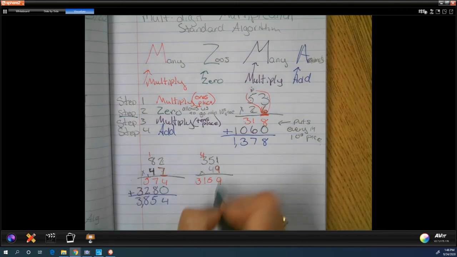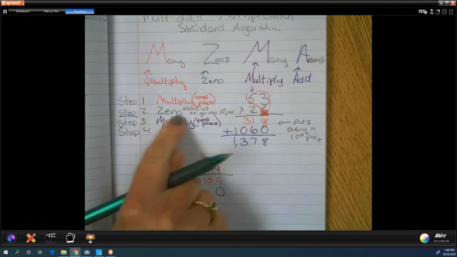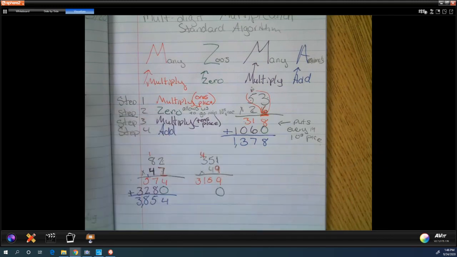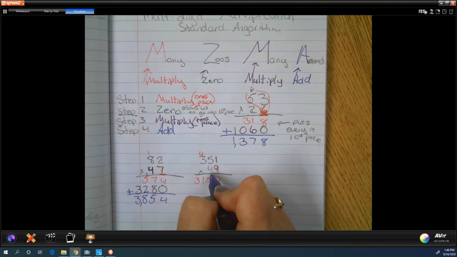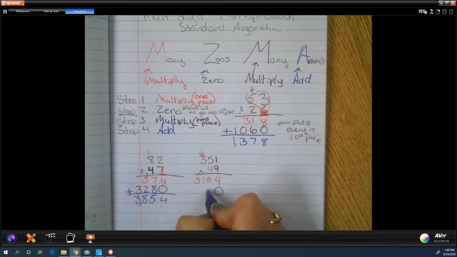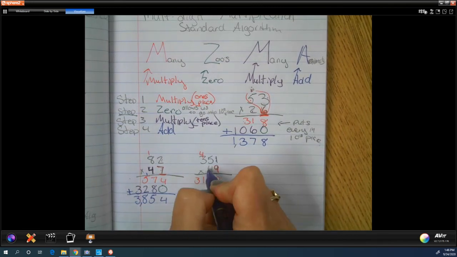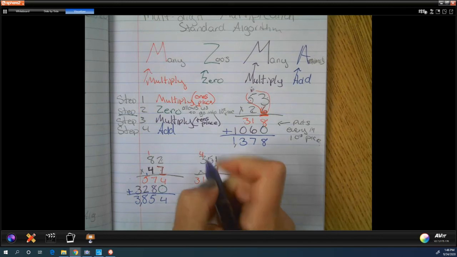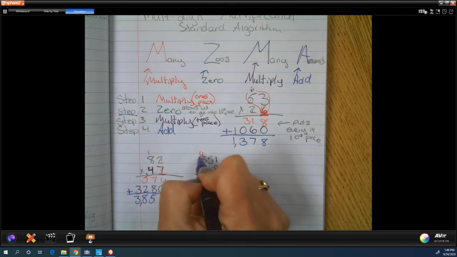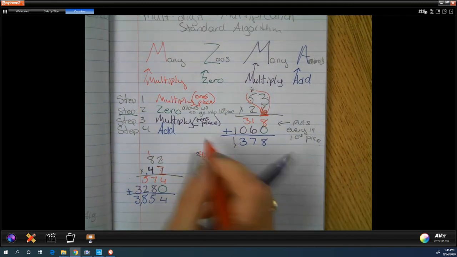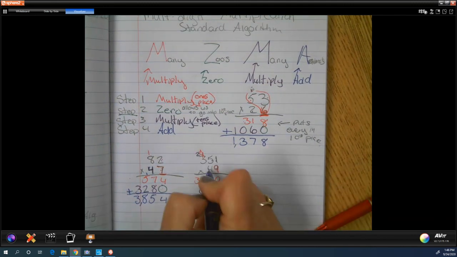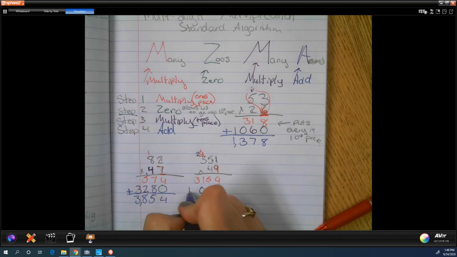Step 2, add the 0. Step 3, multiply the tens place. 4 times 1 is 4. 4 times 5 is 20. So I'm going to put a 2 here and a 0 here. I'm not worried about that 4 anymore. We're done working with him. 4 times 3 is 12, 13, 14.